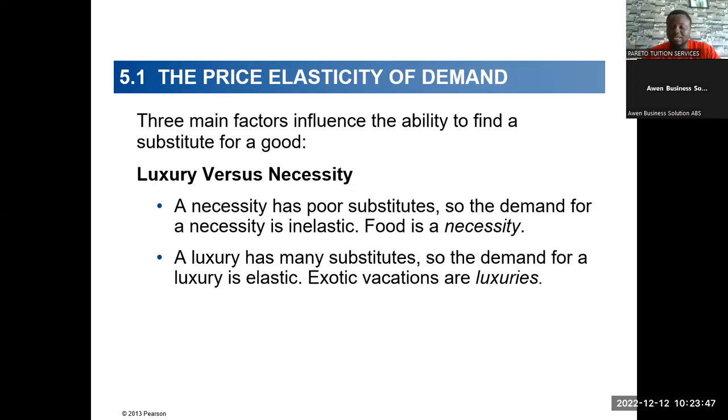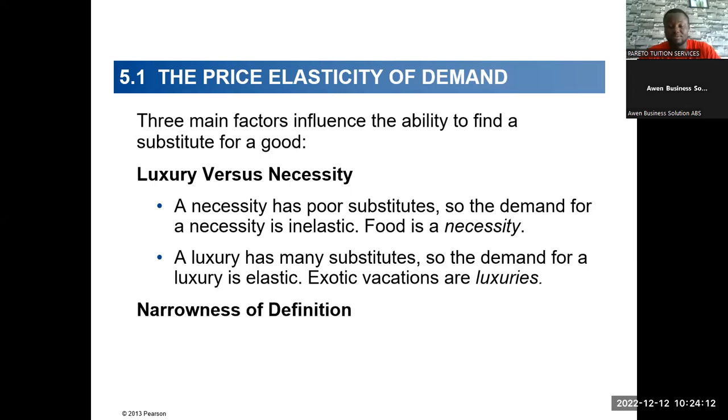So that is one. And then the narrowness of definition. When you are defining a good, the definition can be wide, or it can be narrow. When you broadly define a good, like the example we gave here, food, the definition for food is very broad. There are a lot of categories under food. We've grouped everything together.